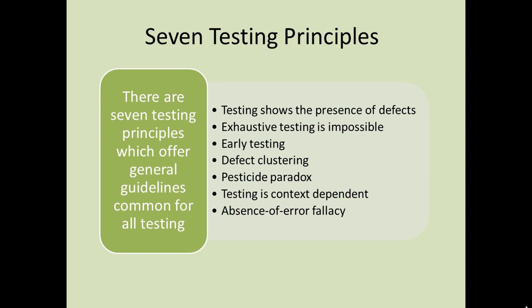The fourth principle says defect clustering. The fifth principle says pesticide paradox. The sixth principle is testing is context dependent. And the seventh and last principle is absence of error fallacy. So we'll understand these principles one by one.